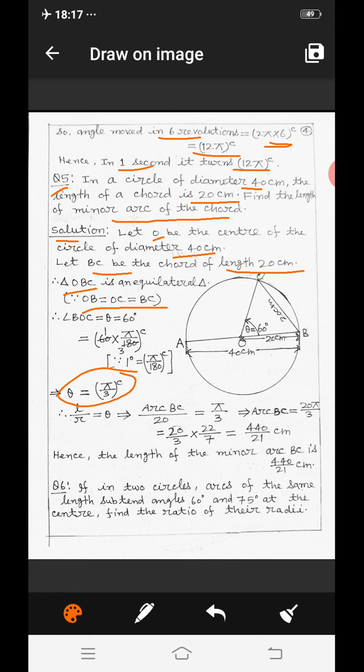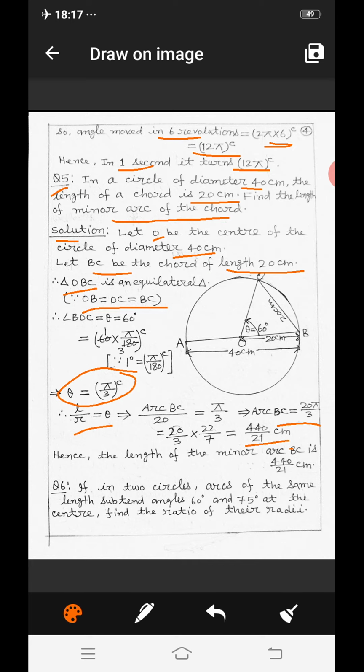Now we already know that theta is equal to L by R. So arc BC, that is the length of arc BC, by 20, radius 20, and this is equal to theta, pi by 3, and this implies that arc BC is equal to 20 pi by 3, and solving this we get 440 by 21 centimeter.